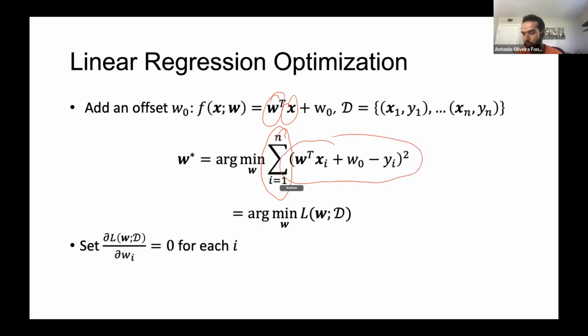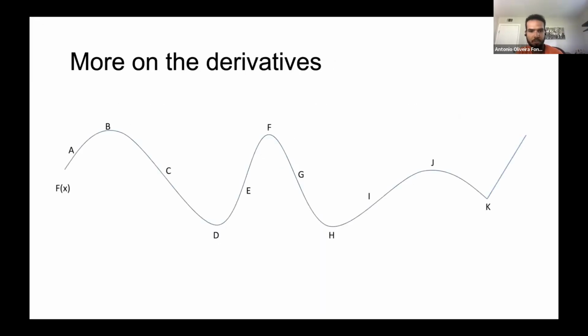What you're trying to find is the set of weights that, given the data, minimizes my loss, and I do that using gradients, the computation of the gradient of the loss with respect to the weights. That's at a very high level, but if you have any questions, I can point you towards more resources. So I'm going to skip this.